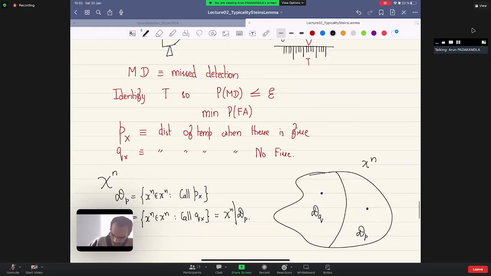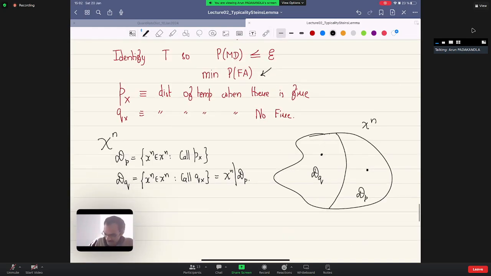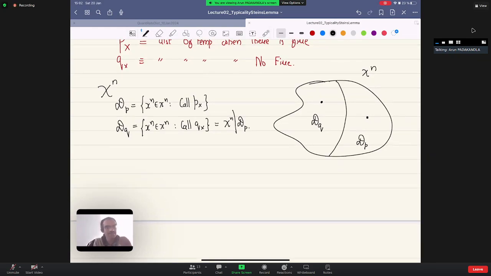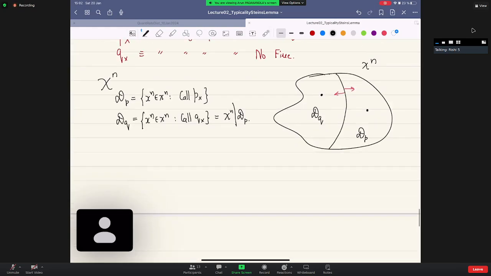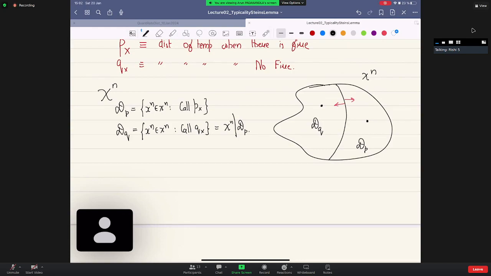Let me write down my constraint and false alarm. I want to fix the threshold. What is really the threshold? I want to fix what is Dp and what is Dq, because as I move this lever, this kind of set, the probabilities will change, right? So really I want to check where to put my Dp, where to put this separator. That's really what I want. Exactly, Xn is the set of all your observations.